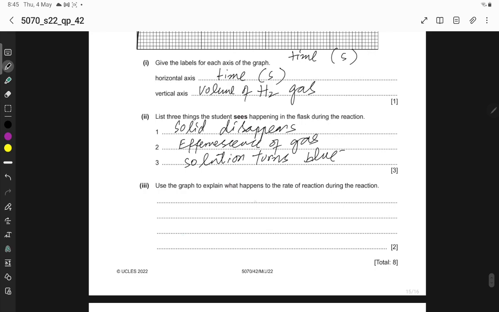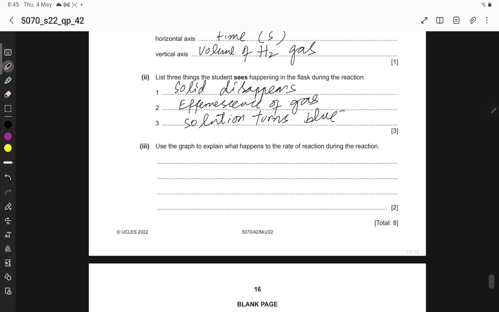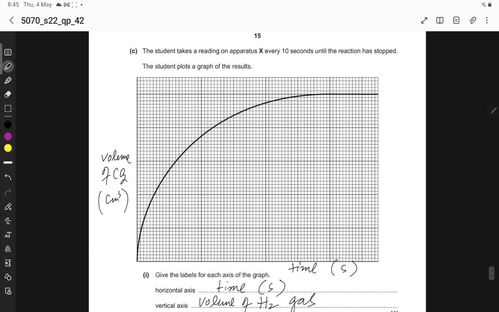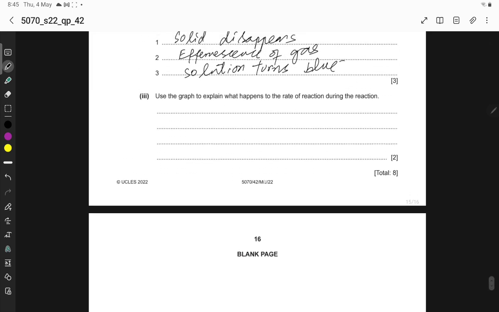Use the graph to explain what happens to the rate of reaction during the reaction. With the passage of time, the rate is going to decrease.